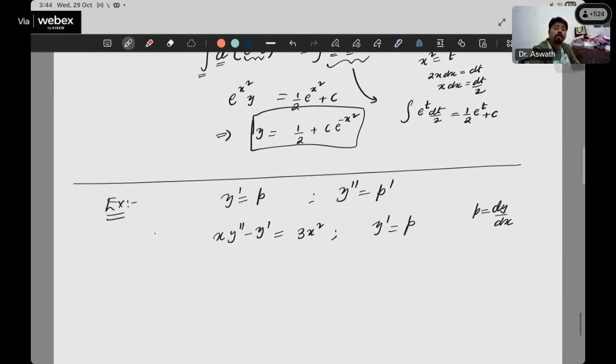If I had to find the solution, I can reduce this to p dash, 1 by x into p is equal to 3x.